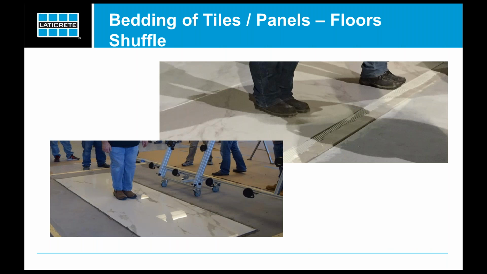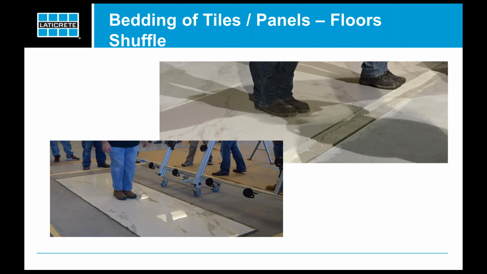Here's the big change. If we were to tell anybody that, yeah, you would walk on a floor tile, people would really look at you in a wrong way. But this is something that's even in the standards now. These panels aren't going to move. So we have found, and the industry has found, that shuffling or walking on these tiles is the best way to embed them.